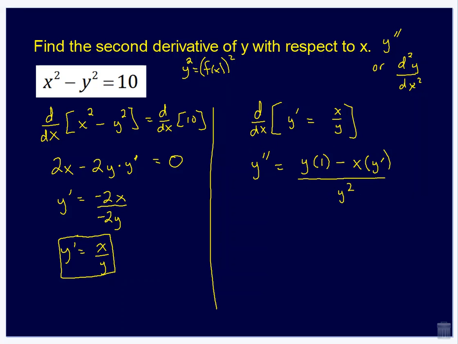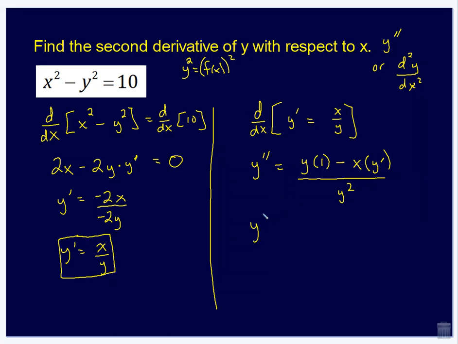And technically we're done with the calculus part. However, we don't want to leave y prime in our answer. We want to leave this entire right side strictly in terms of x and y, because ultimately I want to be able to just insert that. If I wanted to know the numerical value of this, I would want to know just the x and the y.